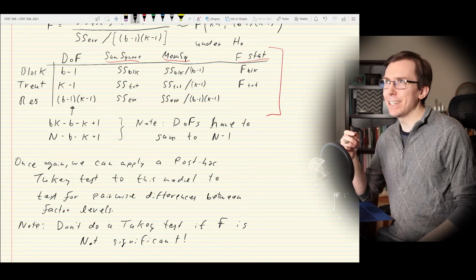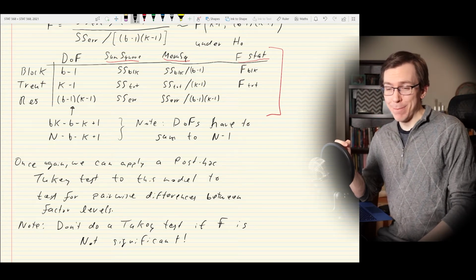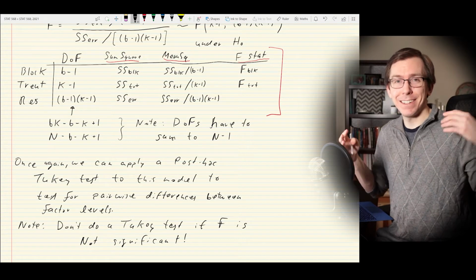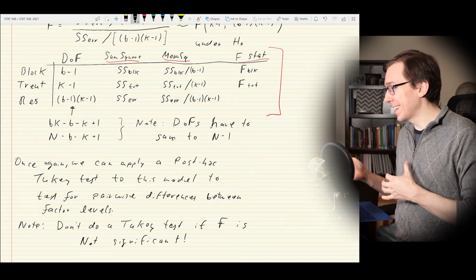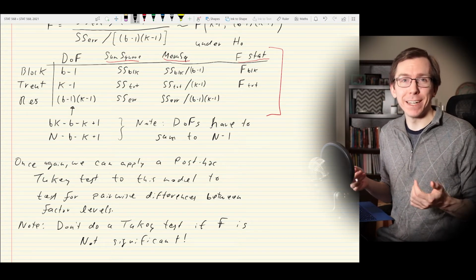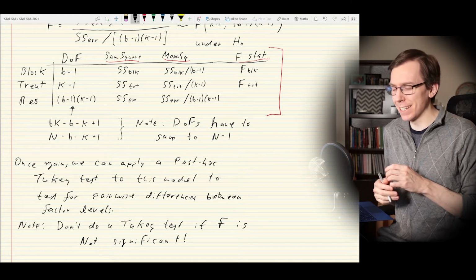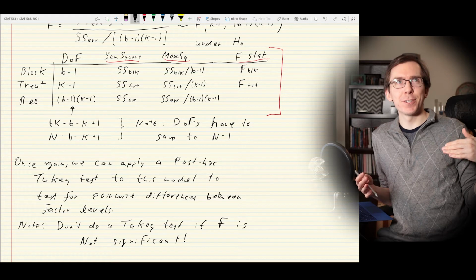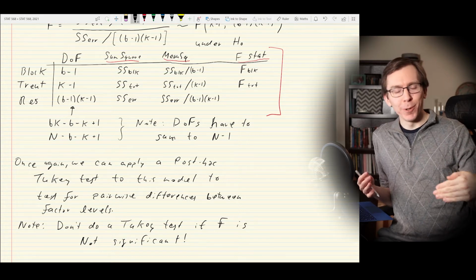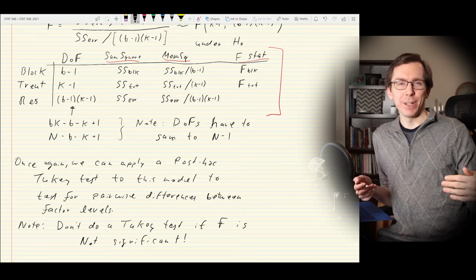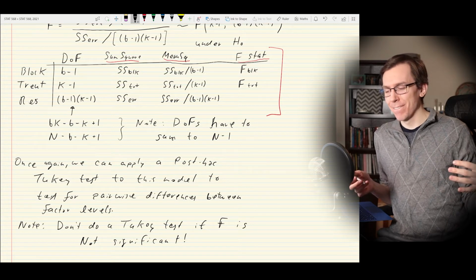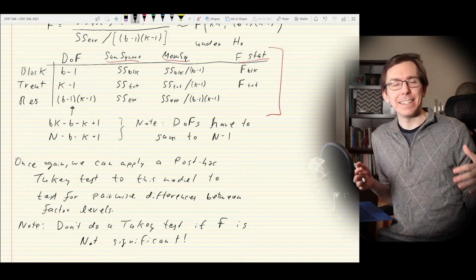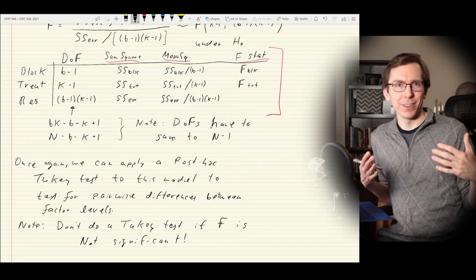This is something that you can sometimes get into trouble with, because you run your test, you get your F statistic out, it doesn't turn out to be significant, but you still look for pairwise differences. That can be troublesome, because remember, if you fail to reject the global null hypothesis, then what you're saying is there's no evidence to suggest any differences among any of the factor levels.